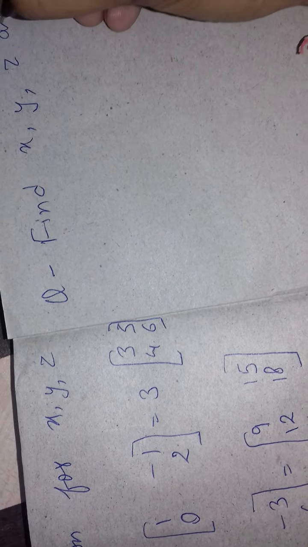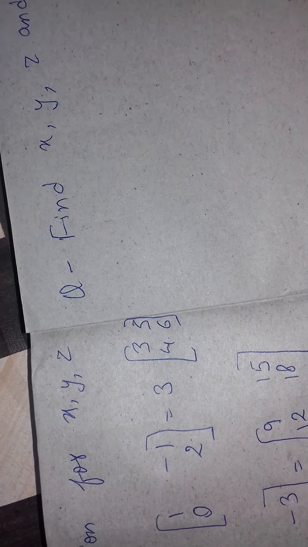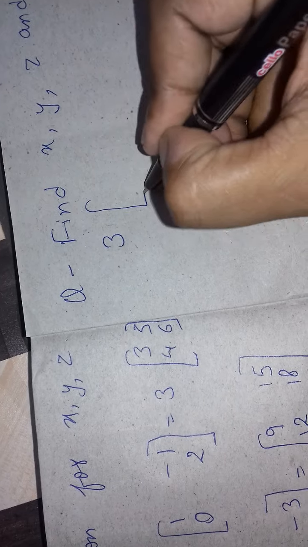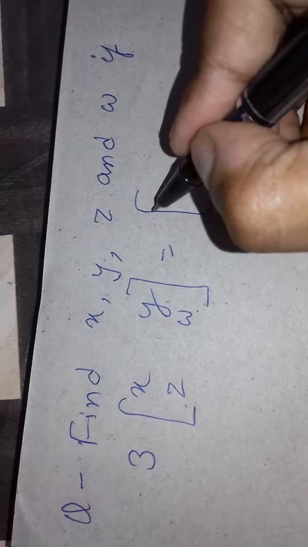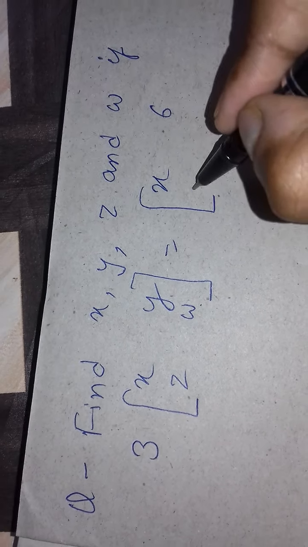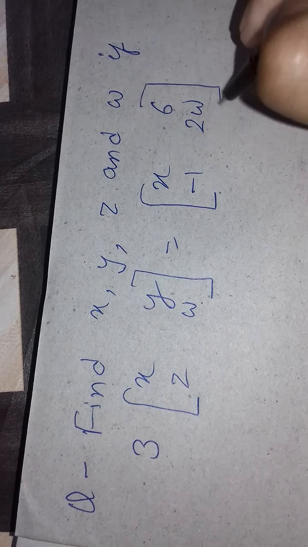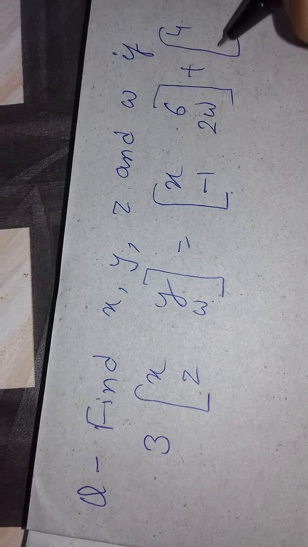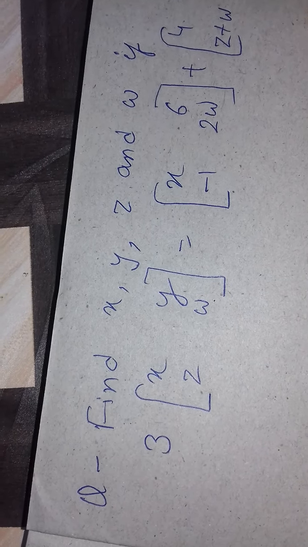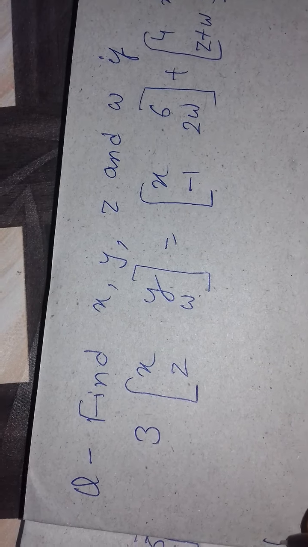Find x, y, z and w if 3 times the matrix [x y; z w] is equal to [x 6; minus 1 2w] plus [4 x plus y; z plus w 3].